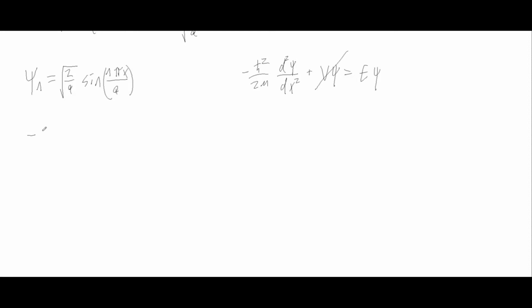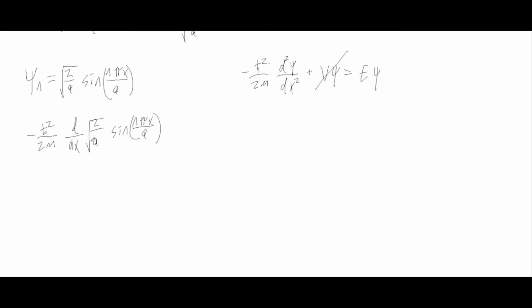So we have minus h bar squared over 2m. Then we have d dx of this up here, which is the square root of 2 over a sine of n pi x over a. If we take the derivative of this, the constant can come out here.